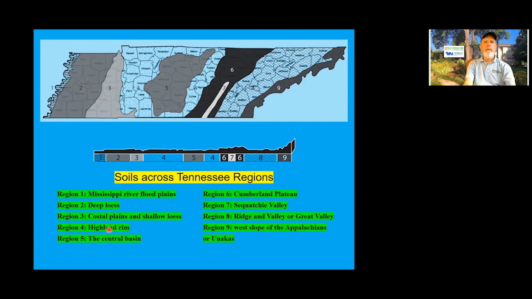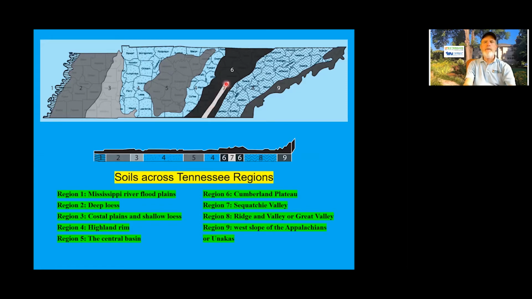Then we get into the Highland Rim, which is 4. Then 5 is a sort of a basin, and that's where Nashville is. Then we get over into 6, which is the Cumberland Plateau area. And then this little slice of heaven, if you might say, is called the Sequatchie Valley.